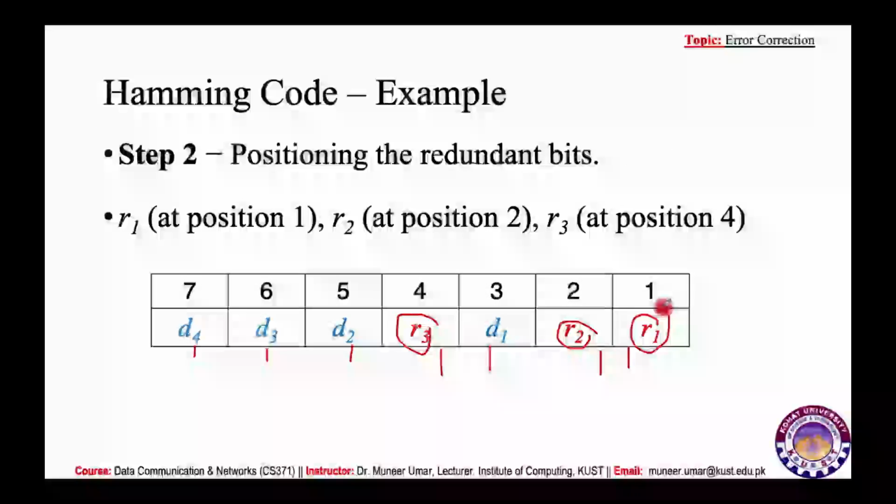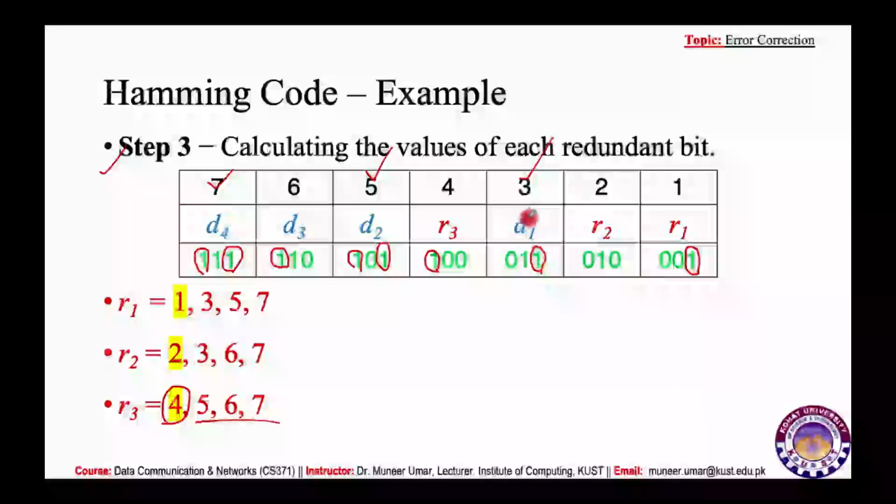Now if you look into this example here, this one is the second bit, then this one second bit and second bit. So for R2 we have position number 3, second bit is 1, position number 6, second bit is 1, and position number 7 whose second bit is equal to 1.